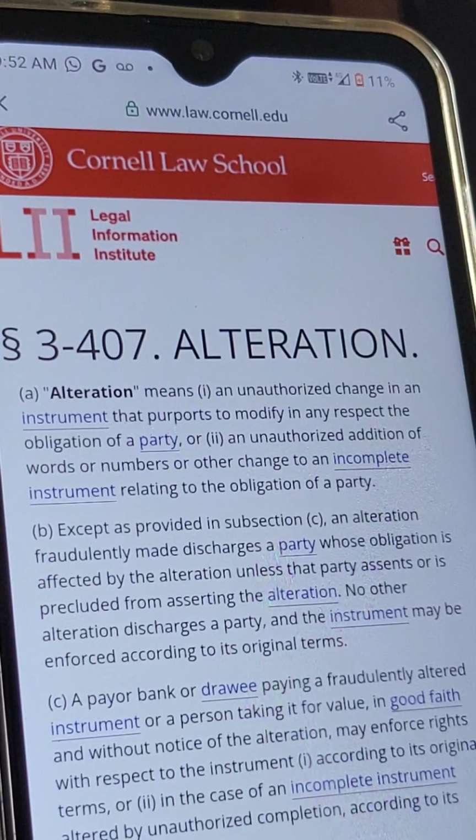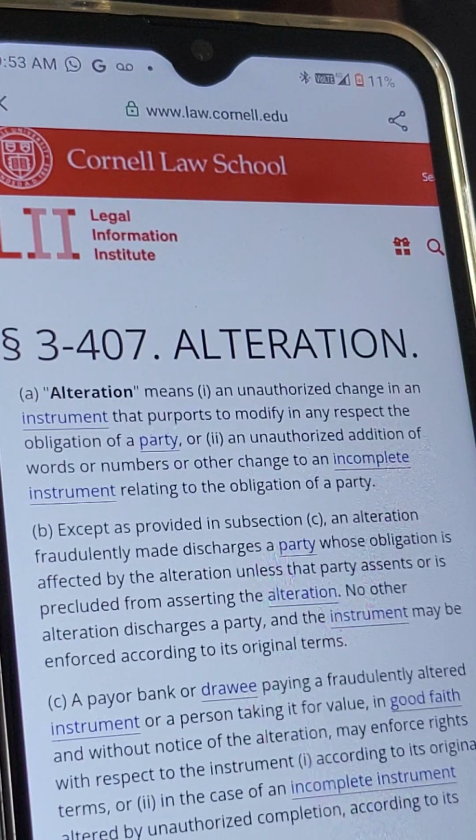B, except as provided in subsection C, an alteration fraudulently made discharges a party whose obligation is affected by the alteration, unless that party assents or is precluded from asserting the alteration. No other alteration discharges a party, and the instrument may be enforced according to its original terms.